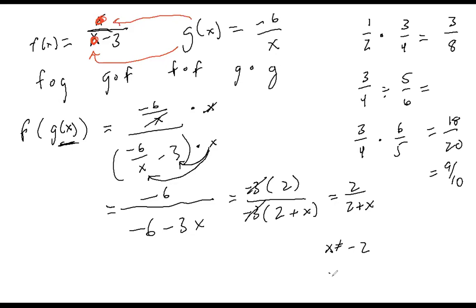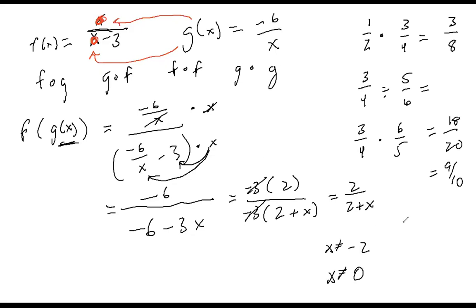So I also should not have x is 0, because that would break the initial function. Even though this is cleaned up to make it look like 0 would be an okay input, it's not an okay input because it's f of g of x. And f of g of x, although we can simplify it algebraically, g of x is still a thing. g of 0 is a domain problem.